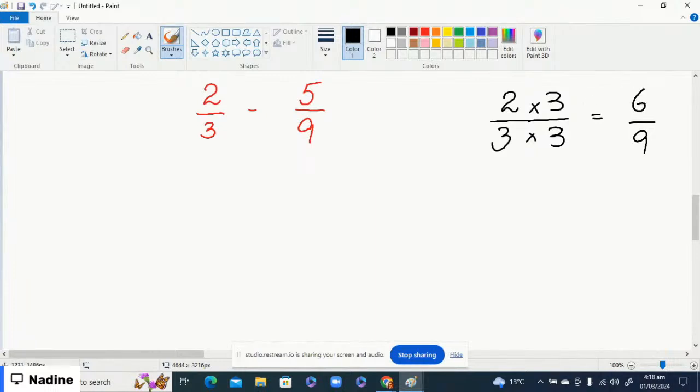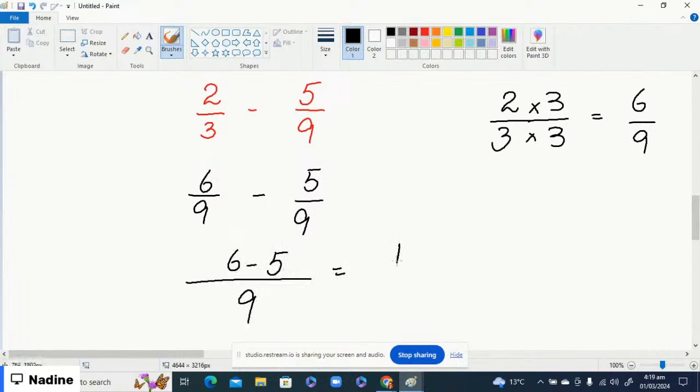So this becomes 6 over 9 minus 5 over 9. Now just subtract their numerators and write the denominator the same. 6 minus 5 is 1 over 9. That is your answer.